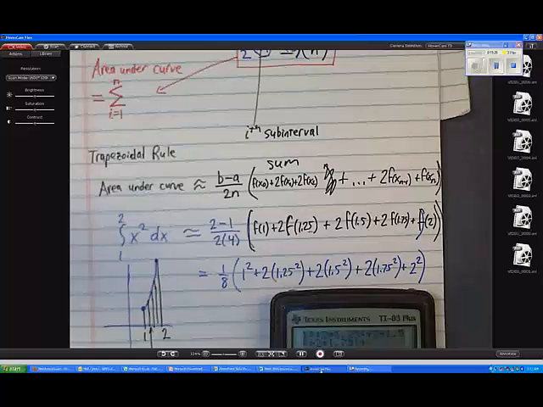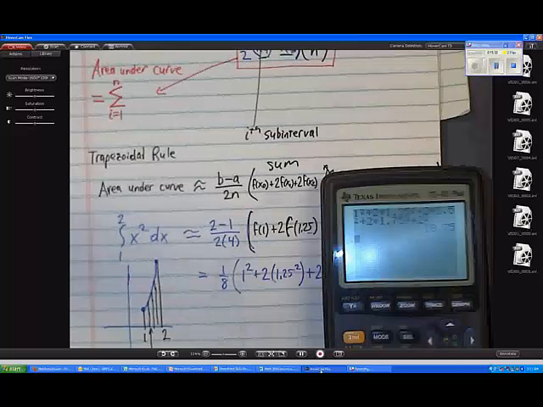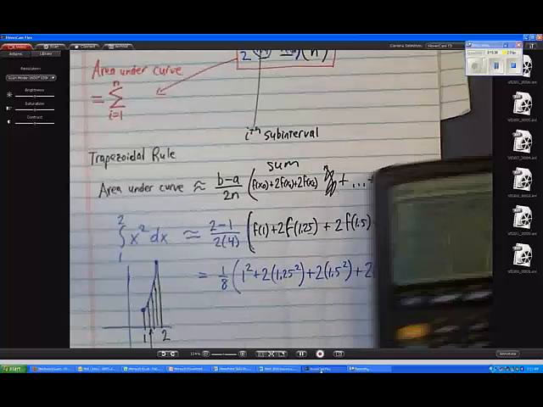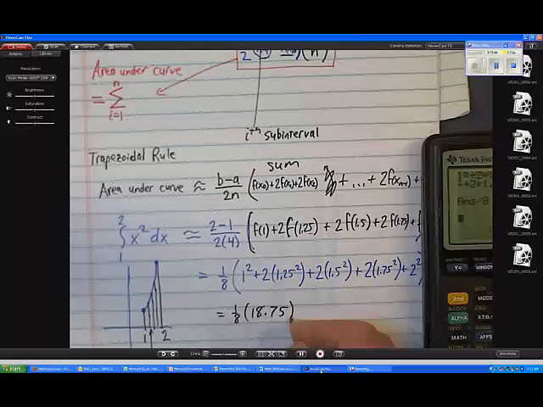That's the big sum. That's not the answer. That's 18.75, right? But then what do I have to do? Sure, let's divide by 8, and I got 2.34375. So this is 1/8 of 18.75, which is 2.34375. Is that close to the right answer?